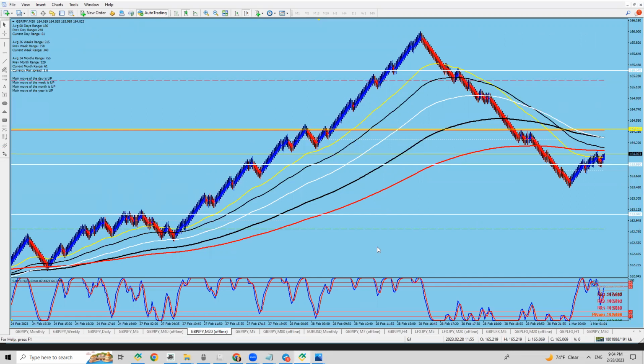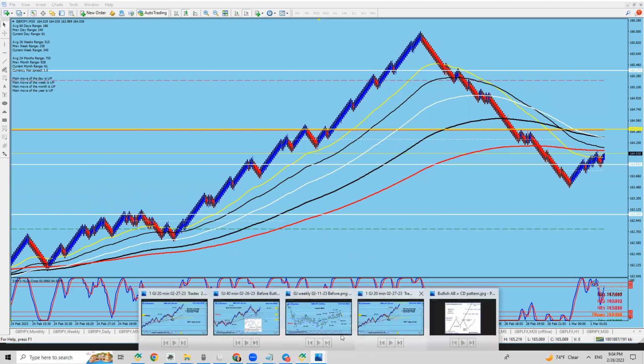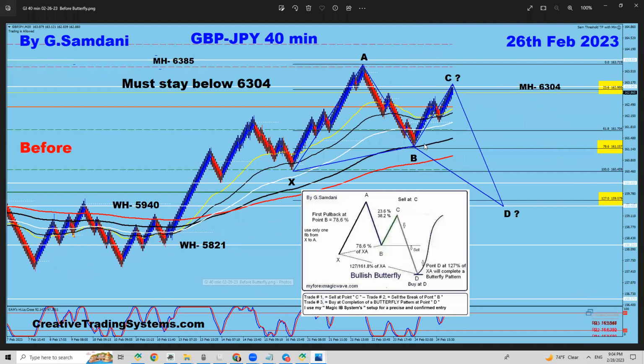Okay. So that's what I wanted to show, that 40-minute chart trade setups are the expected turning points.